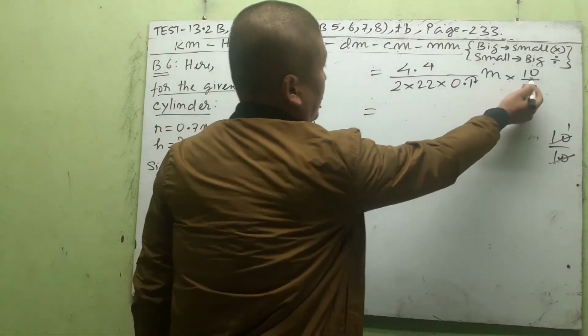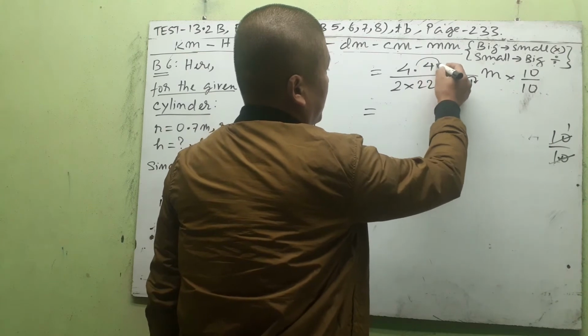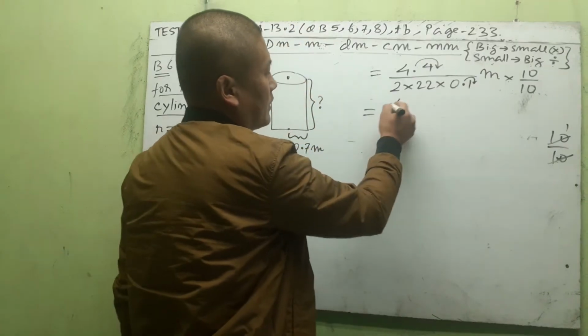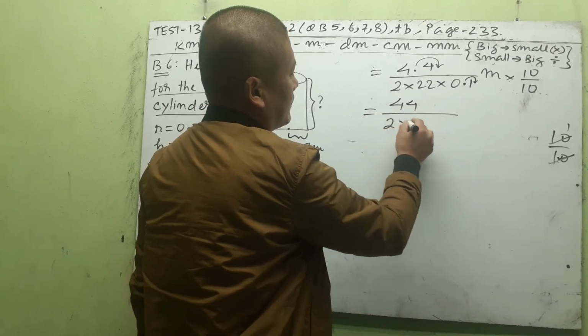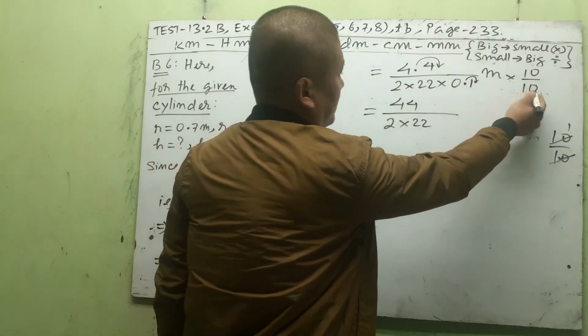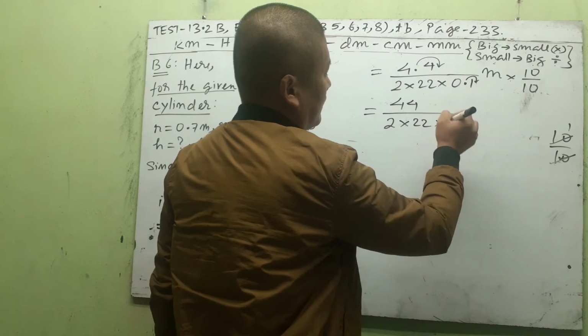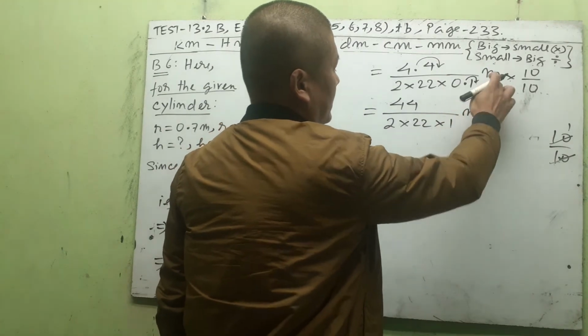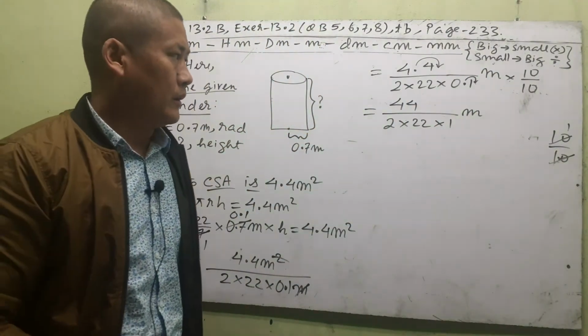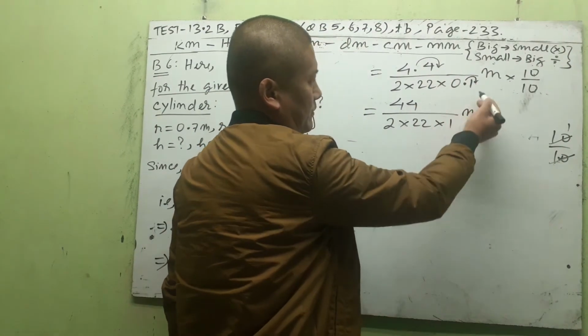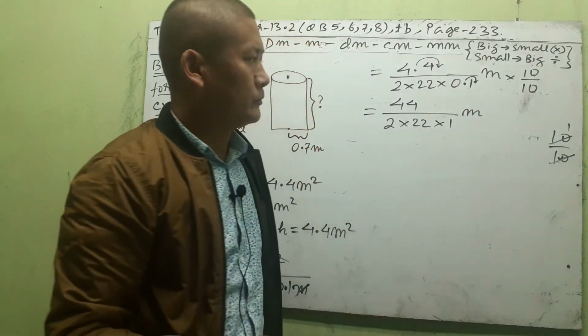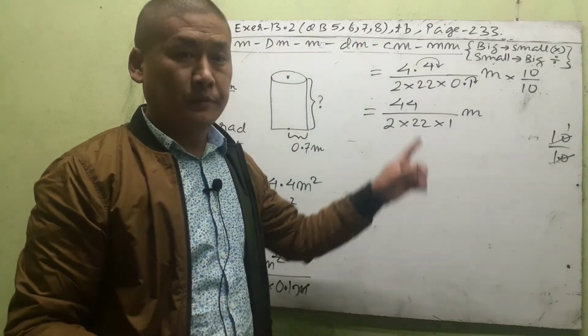If you multiply this 0 to this 1, decimal multiply means decimal moves right, 1 place. So to the right side of 4 means no more decimal. 2 into 22, and this 0.1 multiplied gives 1, no more decimal. Primarily we're trying to remove the decimal from the denominator.